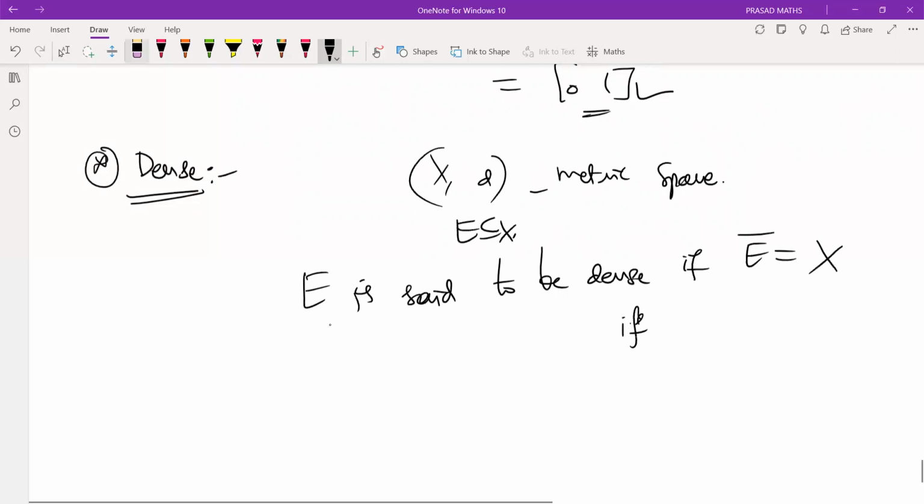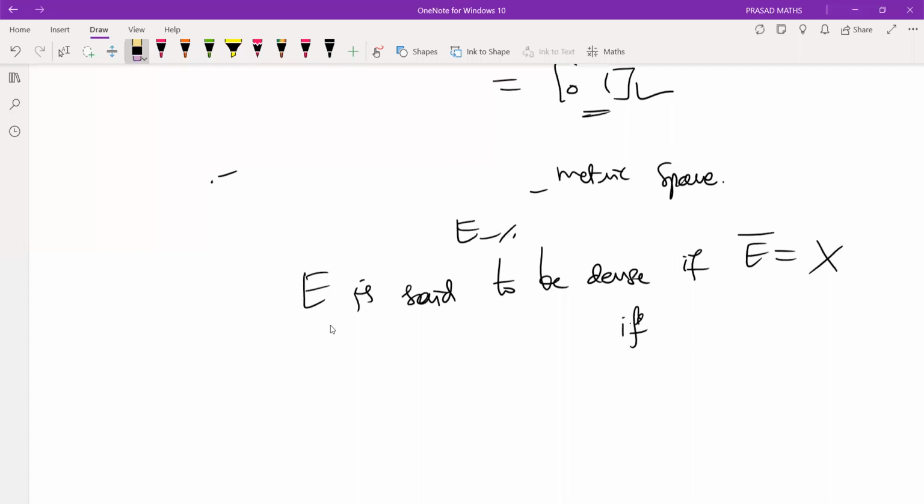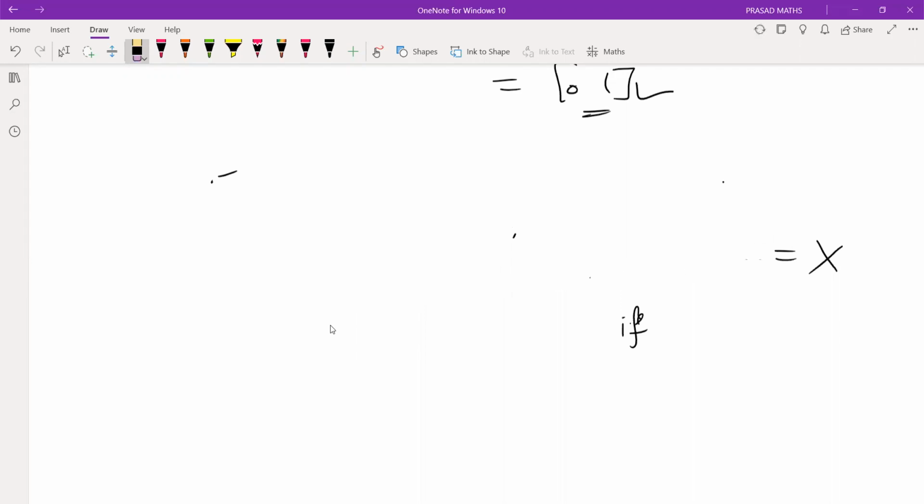But before that, you need to write the properties of closure. Sorry for the inconvenience. They are important. So, properties of closure.